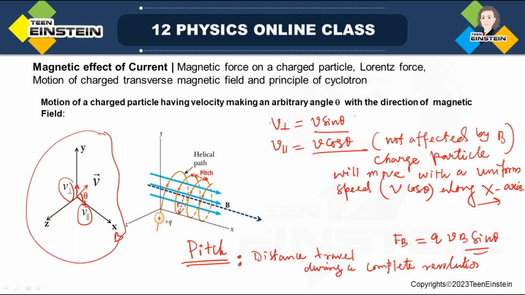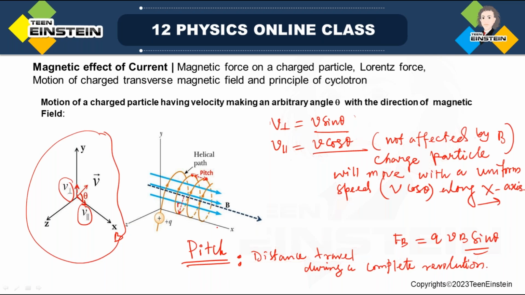As I was showing you, by the time it completes a full revolution, the charged particle moves to another point. So the distance between the initial point and the point where it goes after completing one revolution is called the pitch of the helix.